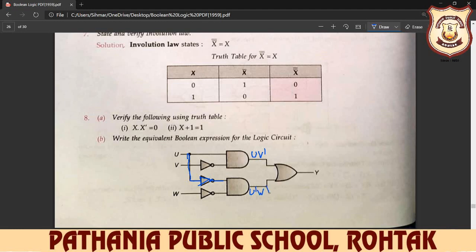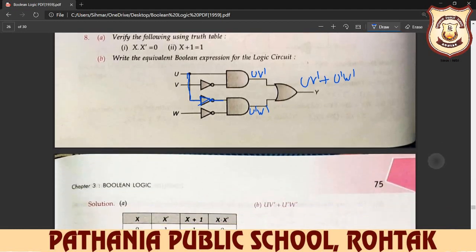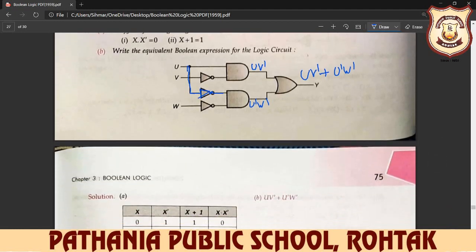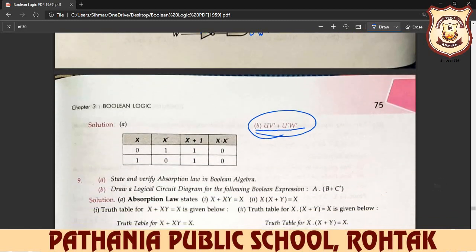And the OR gate is here. So what is the output? U V complement plus U complement W complement here. So let's see the output. U V complement plus U complement W complement. So here is your answer.